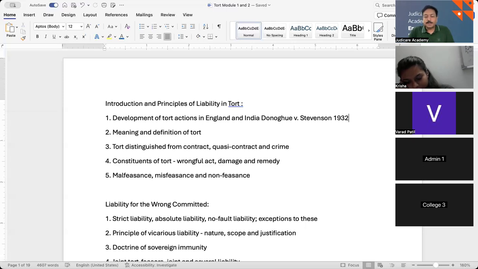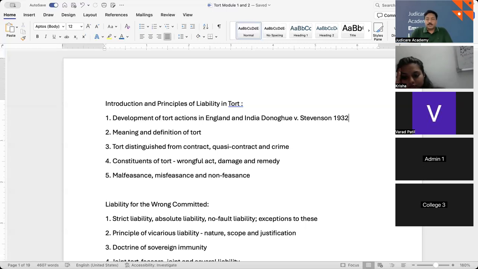Non-feasance, for example, a landlord, we discussed it yesterday also, has some property which he or she has not managed well, where some broken tiles, broken walls, broken staircases are there, and somebody comes, falls, trips, and dies, or a doctor in an emergency situation is not helping a patient. All those examples are non-feasance.